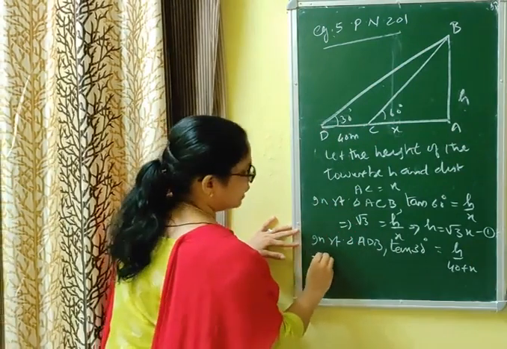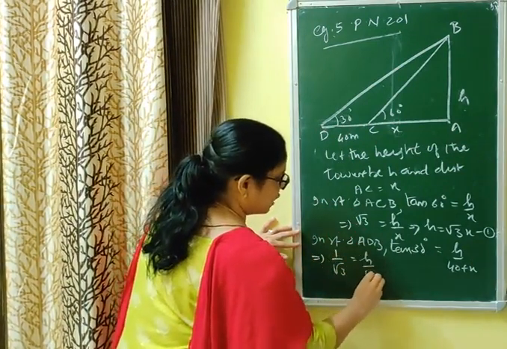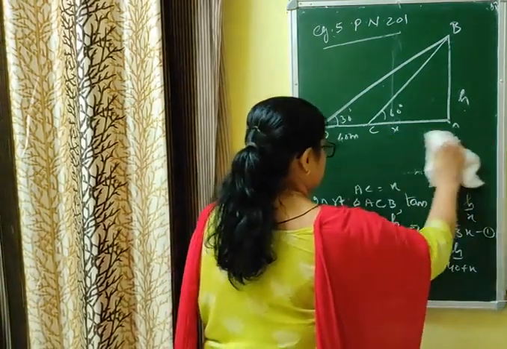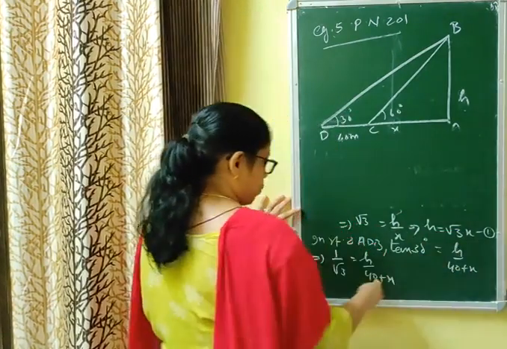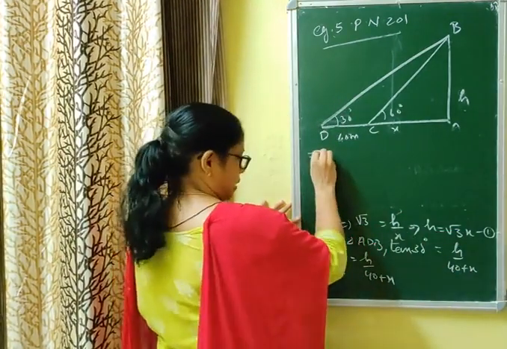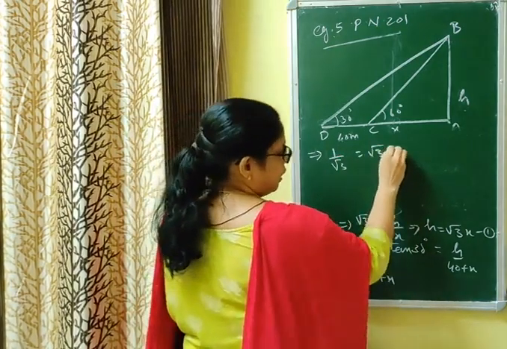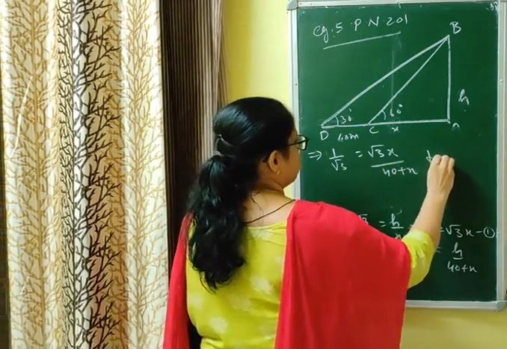That is tan 30, 1 by root 3, is equal to h by 40 plus x. Now from equation 1 you can replace h by root 3 x. That implies 1 by root 3 is equal to root 3 x upon 40 plus x.